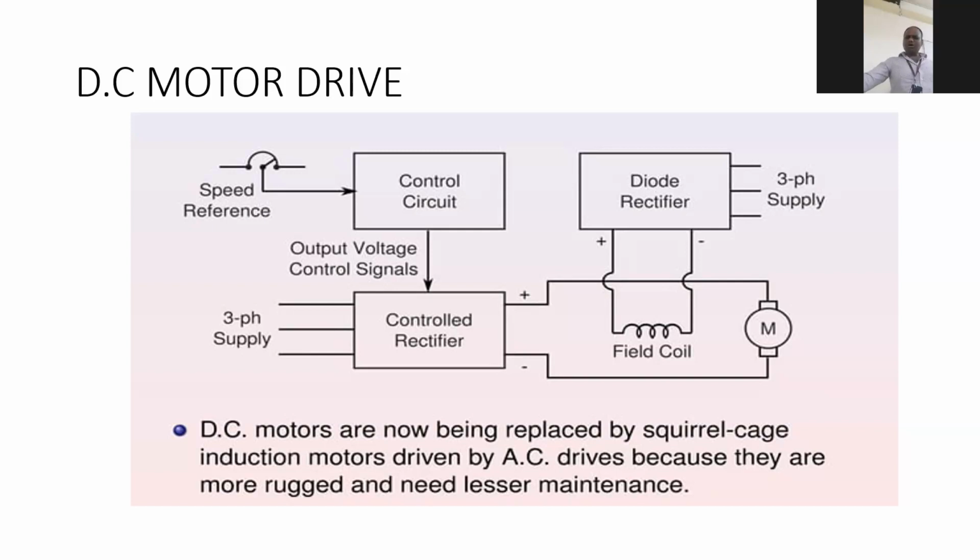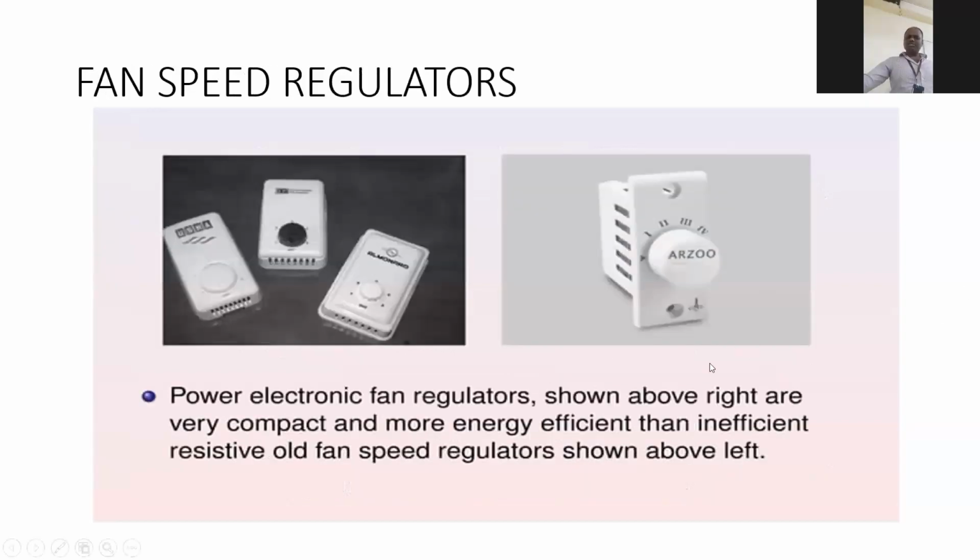And here, I want to say that DC motors are now being replaced by squirrel cage induction motors driven by AC drives, because they are more rugged and need less maintenance. These are important factors why we are moving in this direction.